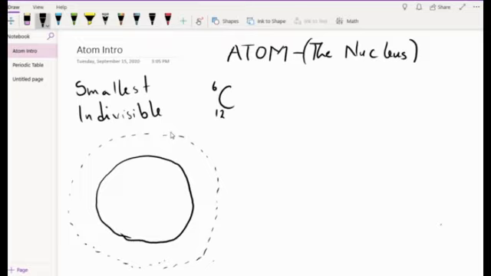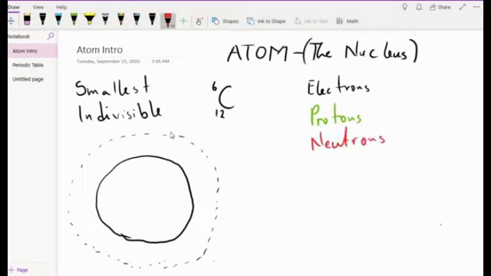So an atom basically is made up of 3 vital components. We have the first one, the electrons. Then we have the protons. Then thirdly, we have the neutrons.